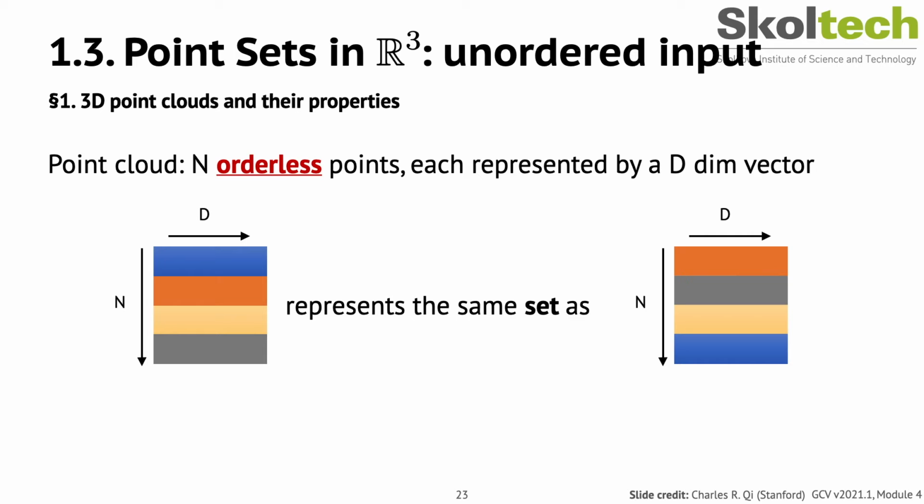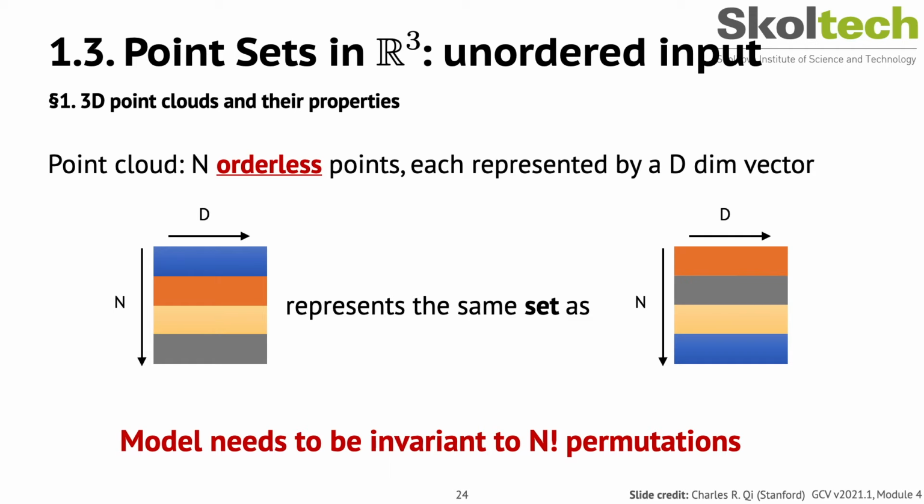It means that with permutation of the rows of the array, it will represent exactly the same set. Therefore, any neural network that is going to operate on sets needs to be invariant to n factorial permutations of the input set.